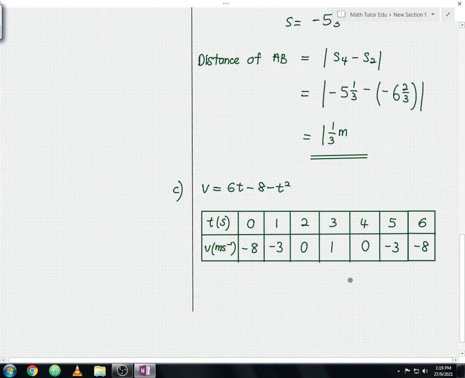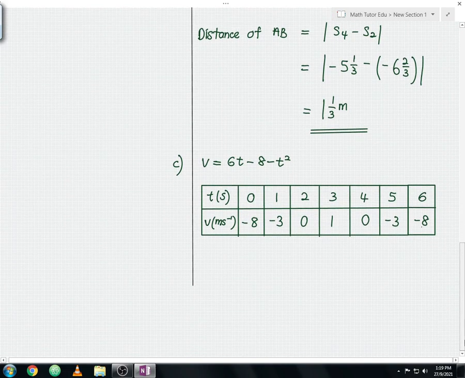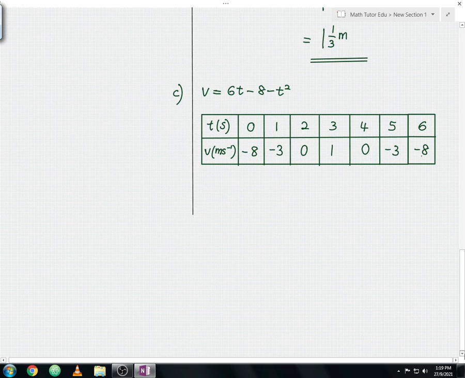Okay, so once we are done with this, now we can proceed to sketch the velocity time graph. So please wait for a moment. Let me perform the sketch now.